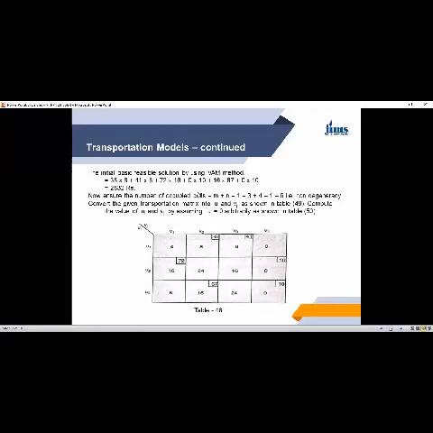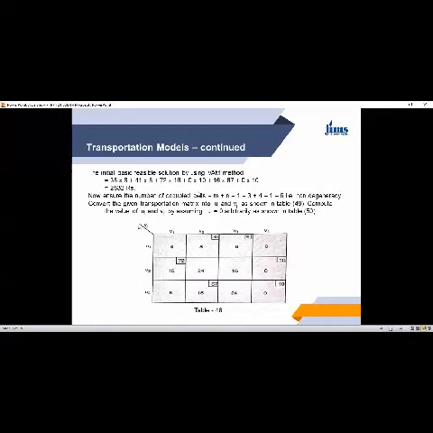So the problem is non-degenerate. So we can straight away use either the Modi method or the stepping stone method for getting the optimal solution. Let us consider the Modi method here, because that is easier.